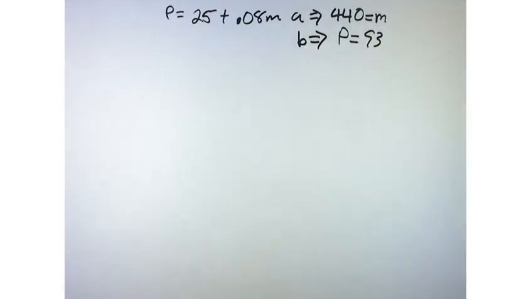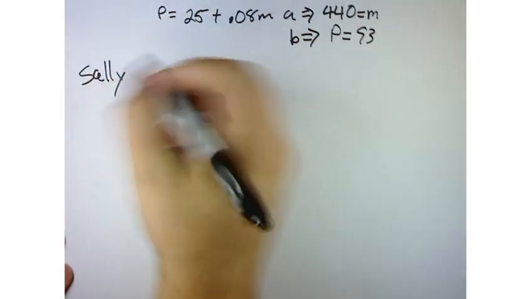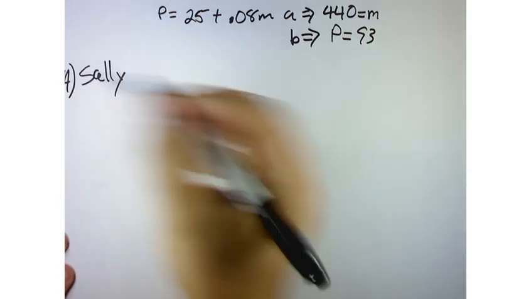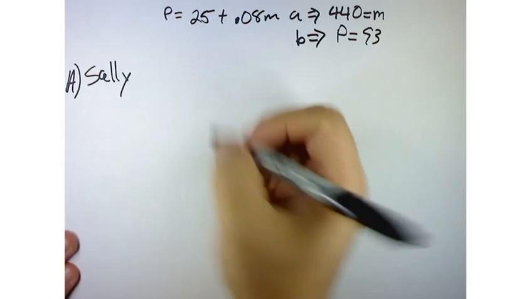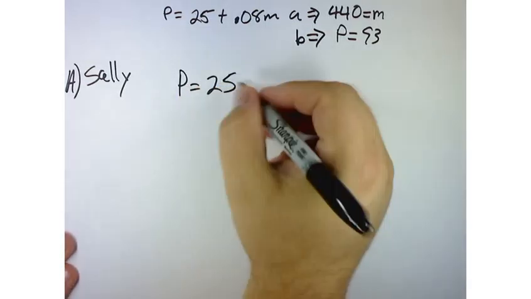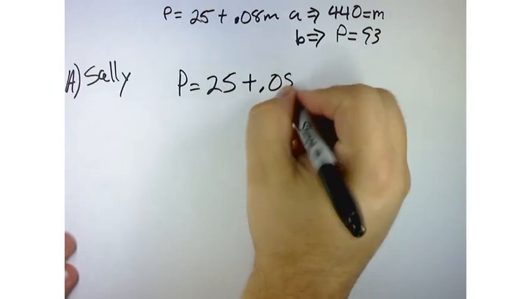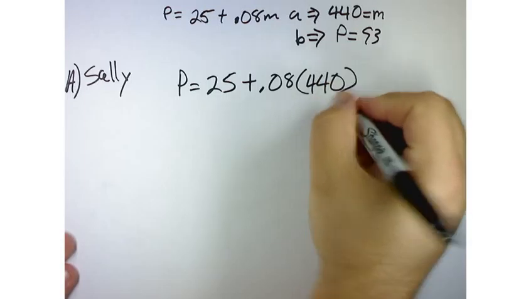Okay, so let's do Sally. This is part A. Sally drove 440 miles in one day, so we could figure out how much she got paid by saying her pay was equal to 25 plus 0.08 times M, which is 440, right?